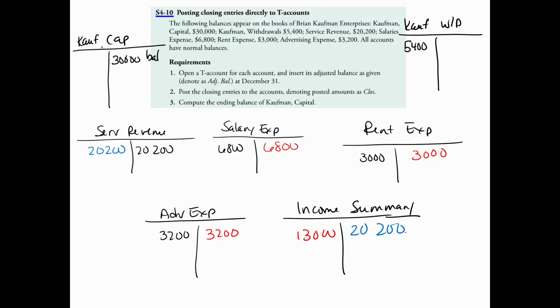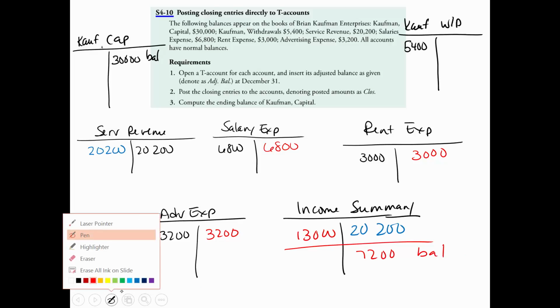And so now my balance in income summary is $7,200 on the credit side. Now all of these, the revenue and all the expenses, have zero balances. Income summary is sitting with a balance of $7,200.